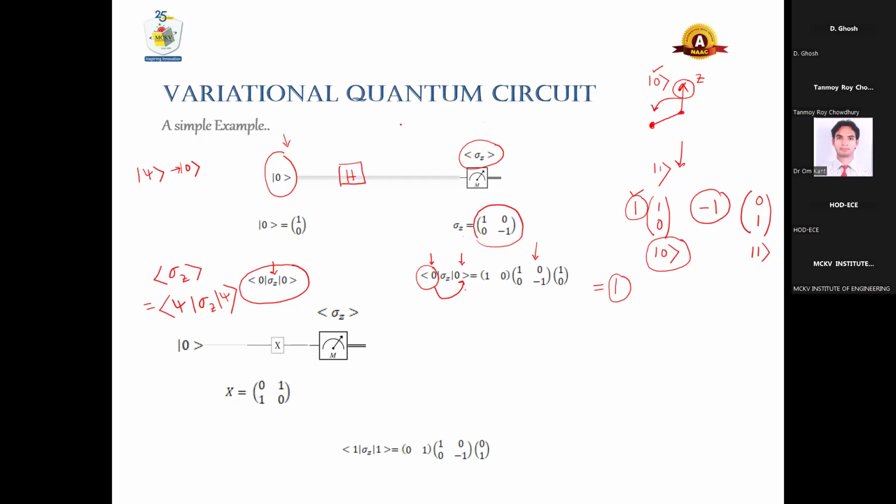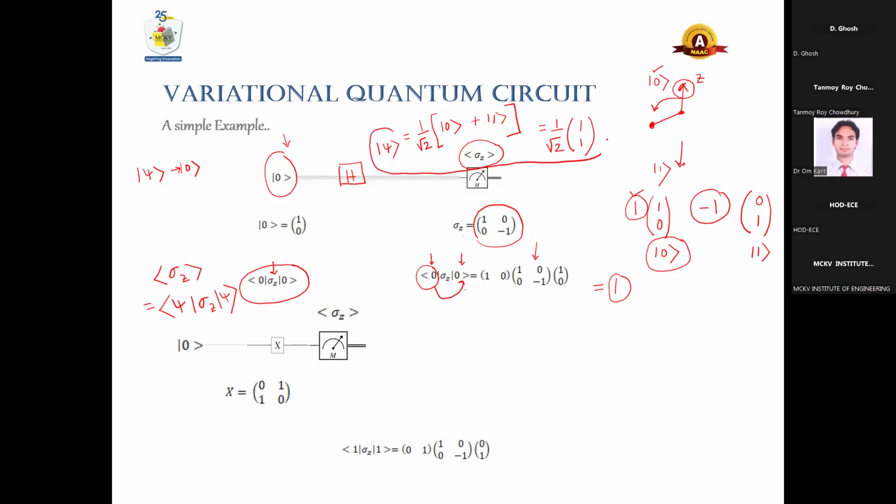So now the psi state will be 1 over square root of 2 times (0 plus 1). It will be a superposition of these two. And if you wish to write it as a column vector, it will be (1, 1).